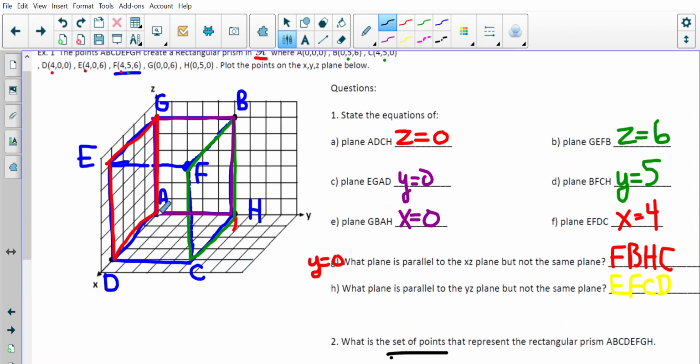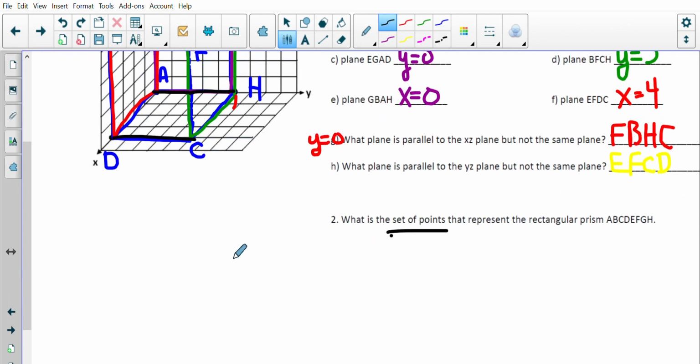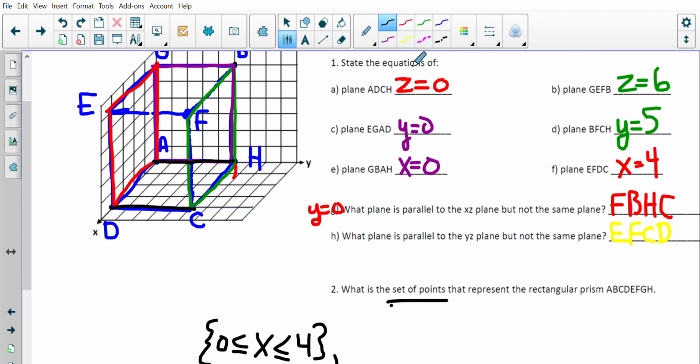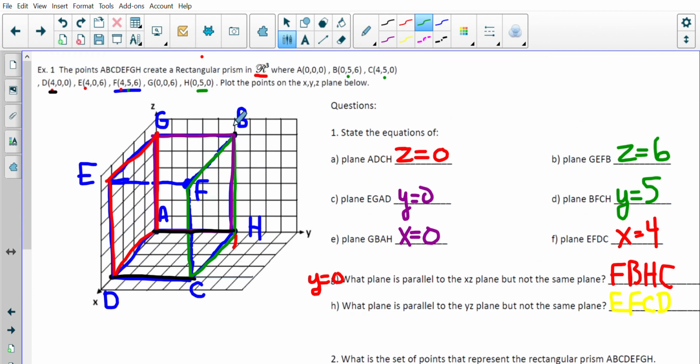Well, in terms of our x points in this box, the back wall is x equals 0. The front wall goes all the way up to x is 4. And so the set of points in terms of the x values is 0 less than or equal to x, less than or equal to 4. Now, our y values go from 0 all the way to the right of 5.